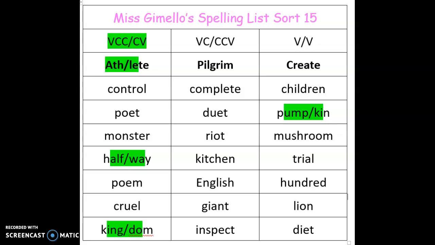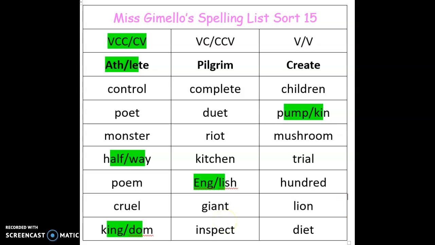We have English. It separates with the E-N-G, English. So vowel, consonant, consonant, it splits, and then the consonant vowel. That's our pattern here.